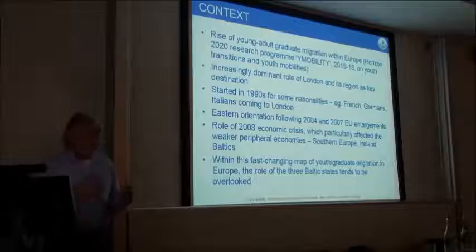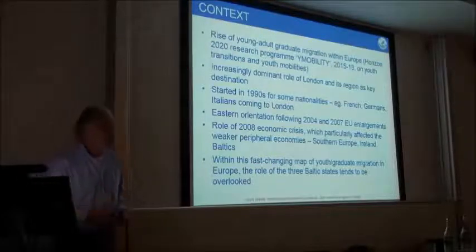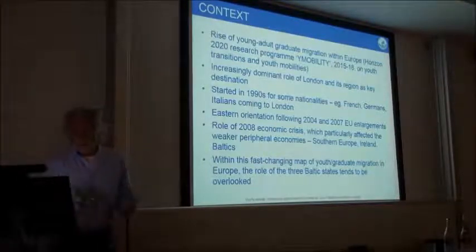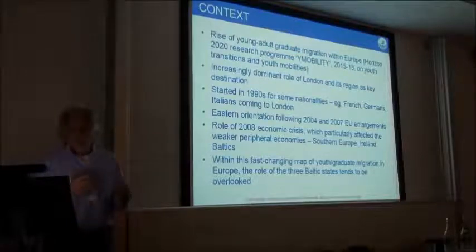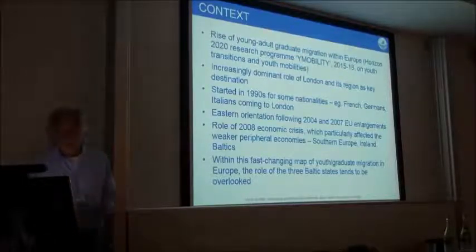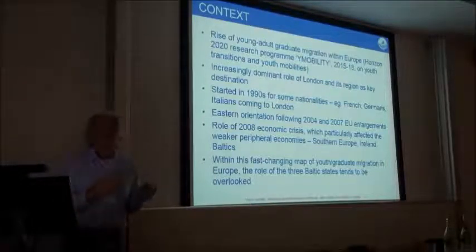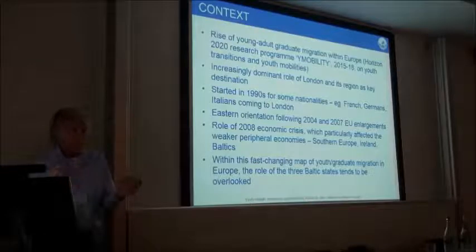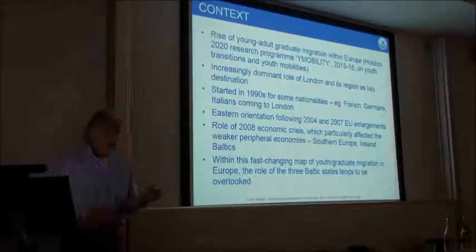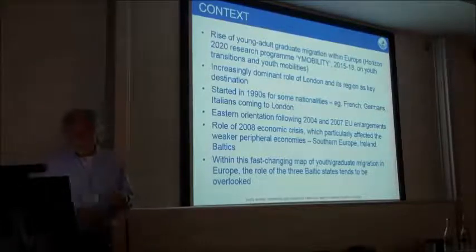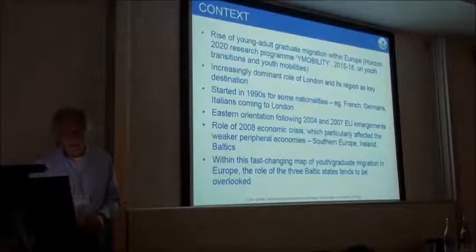So the context is this general rise that we observe, also statistically through Eurostat data and other sources, of young adult graduate migration within Europe, and the increasingly dominant role of London as a key destination for this intra-European mobility. We can trace the origins perhaps back to the 1990s in terms of the movement of considerable numbers of French, German and Italian graduates, and from other old EU countries, the EU 15 countries.